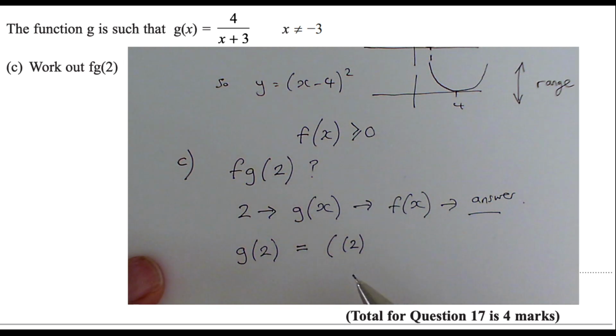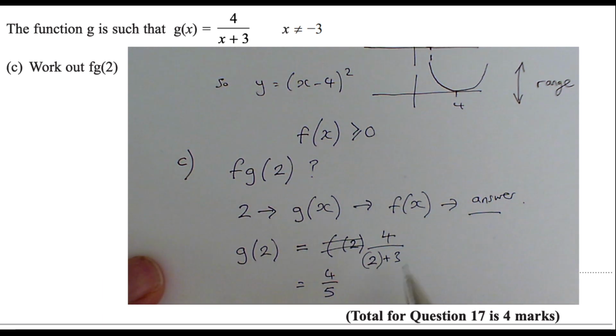Ah, yes, it's 4 over x plus 3, isn't it? Yeah, that's better. Okay, 2 goes to the g machine, so we're going to have 4 over (2) plus 3. And 2 plus 3 is obviously 5, so 4/5.